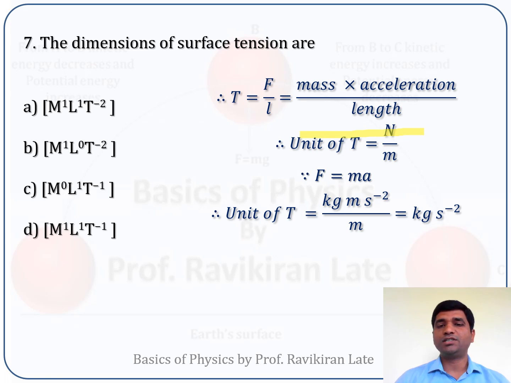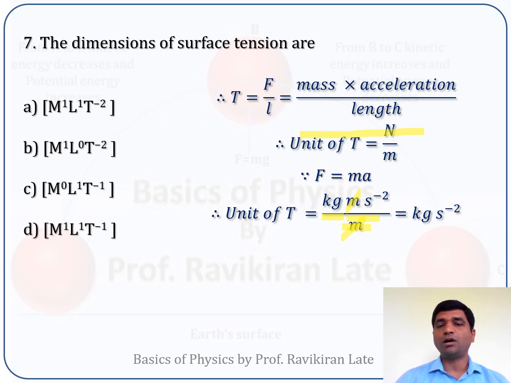Mass is measured in kilogram. Acceleration is measured in meter per second square, and length is measured in meter. So the meter will cancel.